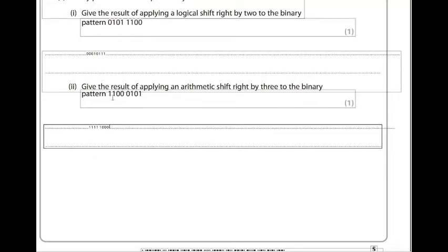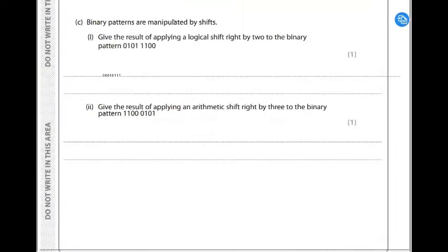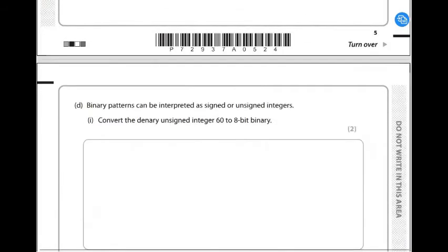So we have shifted those by 1, 2, 3. So we shifted all of these by 3. And that would get us the 1 mark. So that will be that.